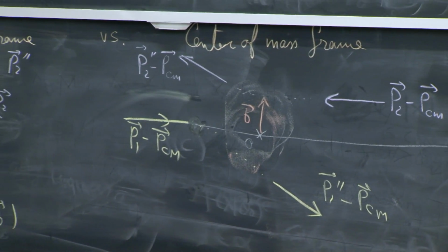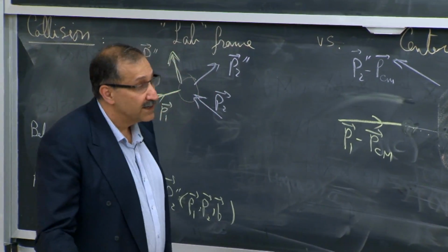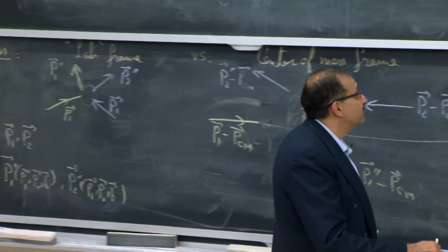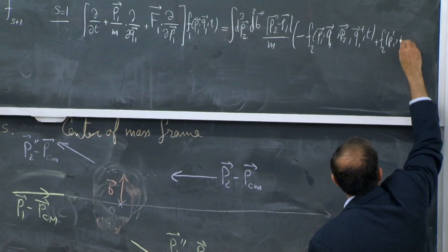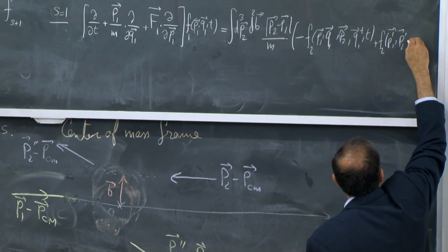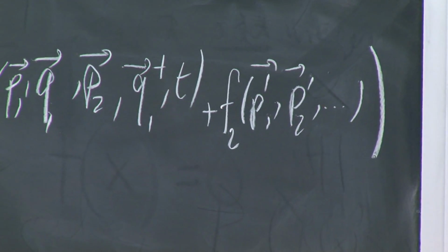So the same way that probabilities can be subtracted along some channels, they can be added to channels because collision of two particles created something. And so I will indicate that by P1 prime, P2 prime, again, coordinates and T, something like this.